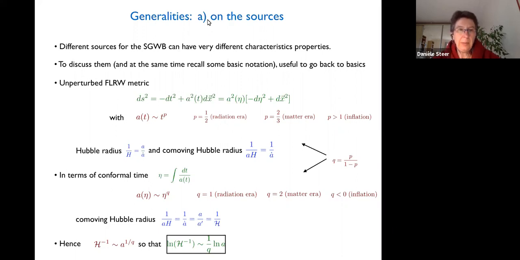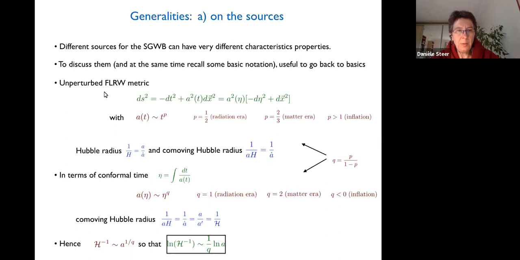The different sources that we'll see have very different properties and they're going to give very different stochastic gravitational wave backgrounds. And to discuss the differences between the sources, I want to go back to basics for a second, because I think it'll be very useful later on.